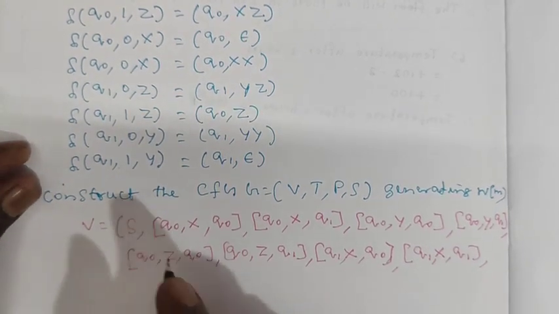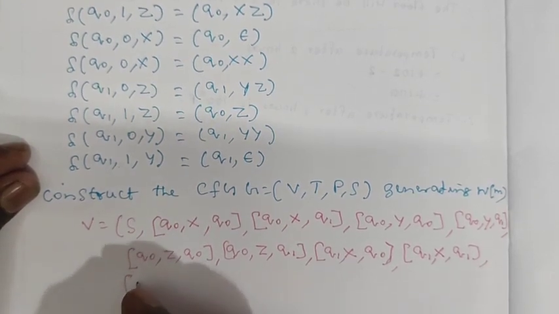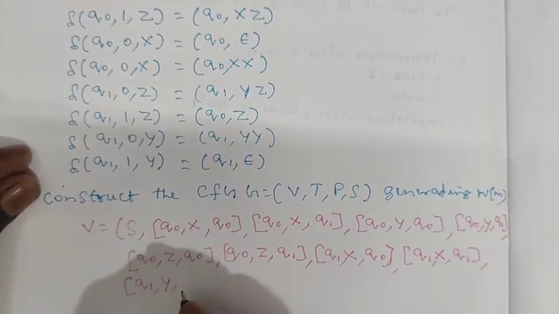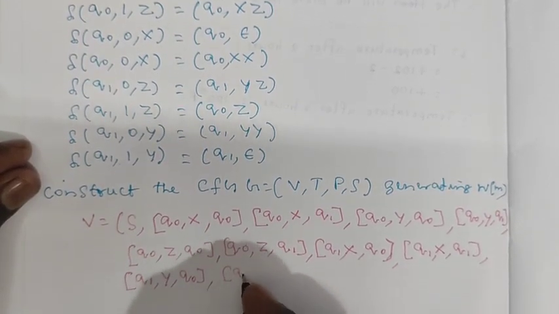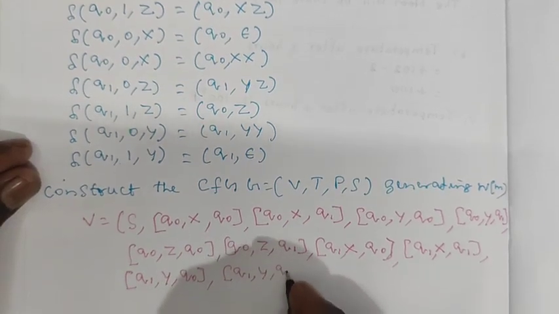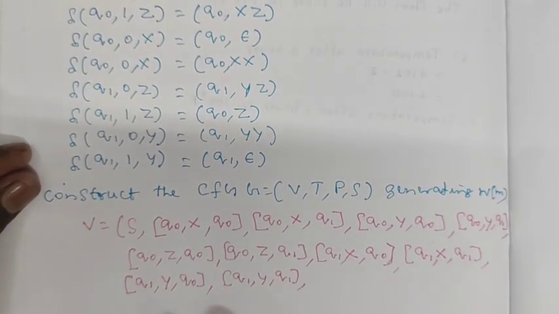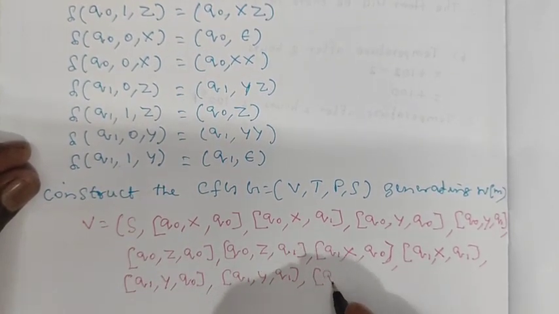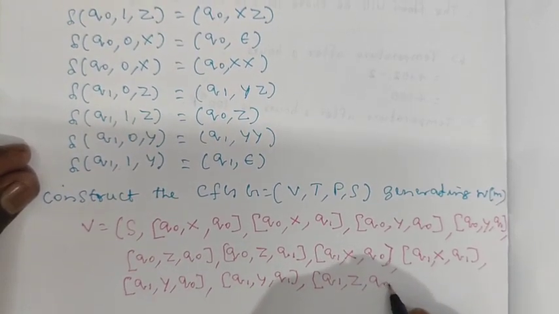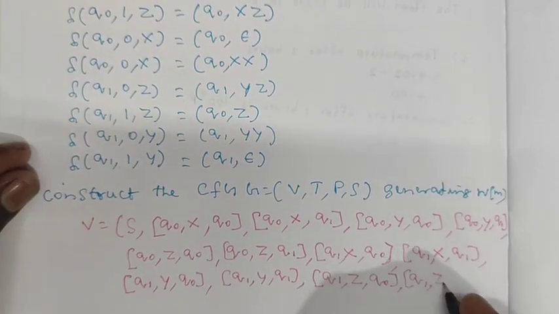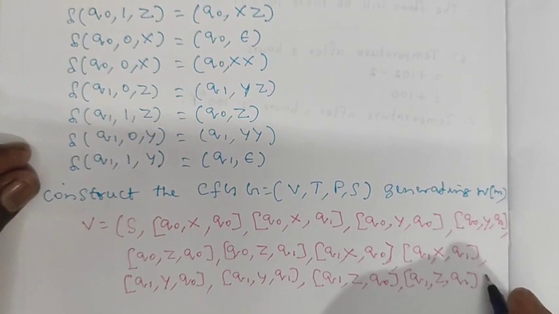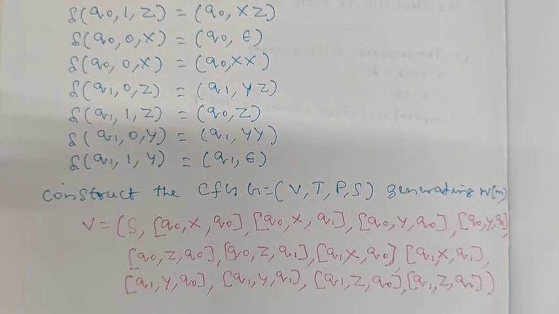Now we'll go for Y. So Q1, Y, go for Q0, then Q1, Y, go for Q1 itself. Now we have used Y, so we go for Z. So Q1, Z, go to Q0, then Q1, Z, Q1 itself. So this is called the set of variables for the given pushdown automata.